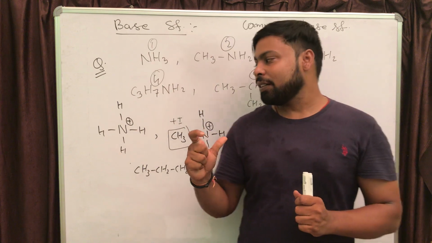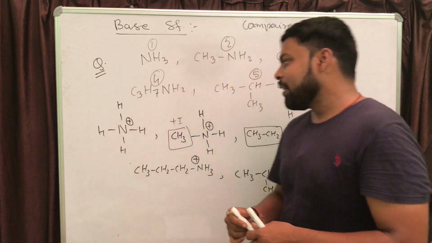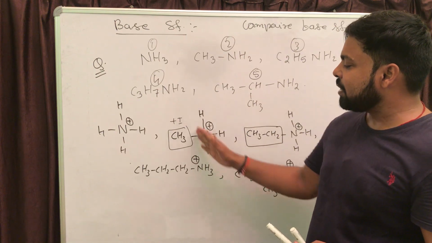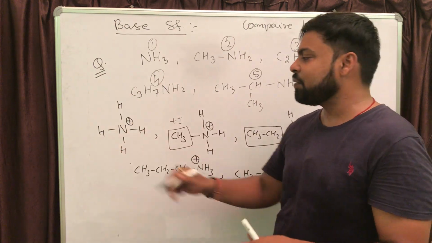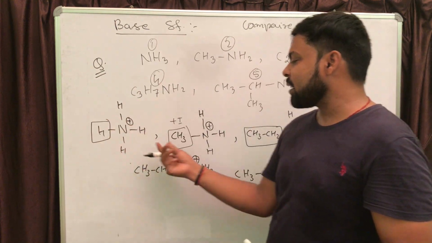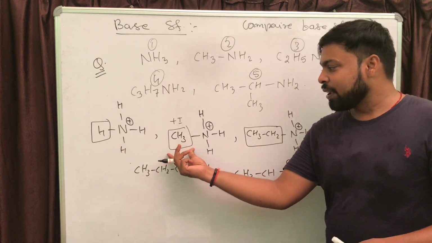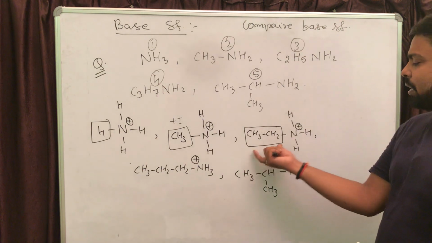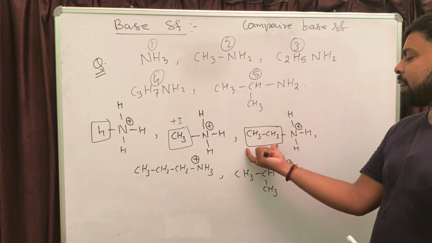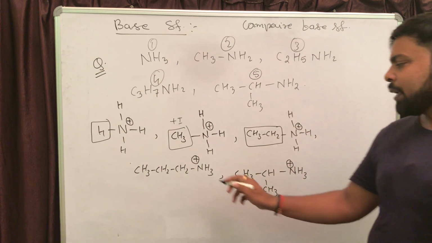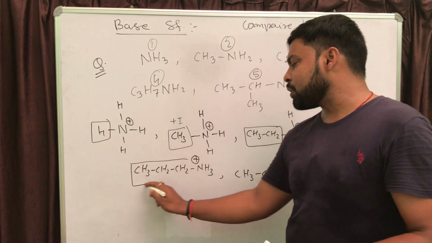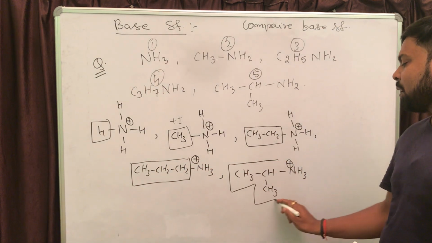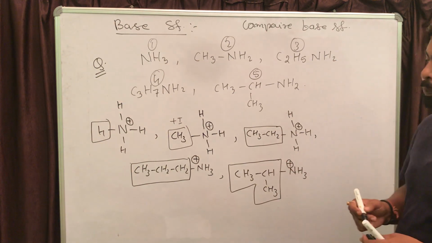Use your mind on the portion which is different. If you compare the first and second one, this NH3 plus is common. In the first one it is hydrogen and in the second one it is CH3, right? And similarly, if you compare with the third one, again NH3 plus is common. Ethyl group will be there, which is different. Next, in the fourth one it is propyl group, and in the fifth one it is isopropyl group, right?